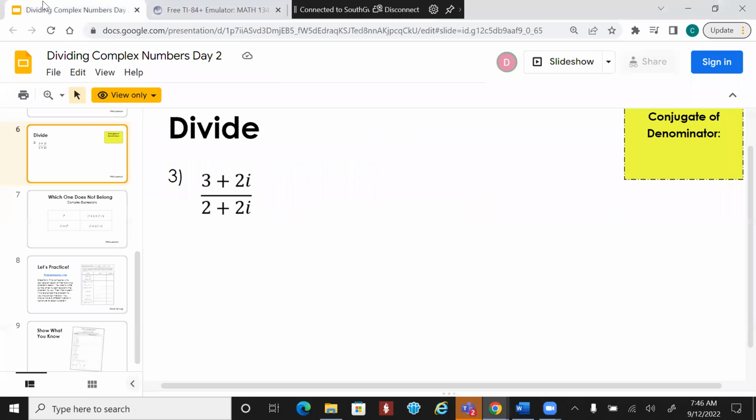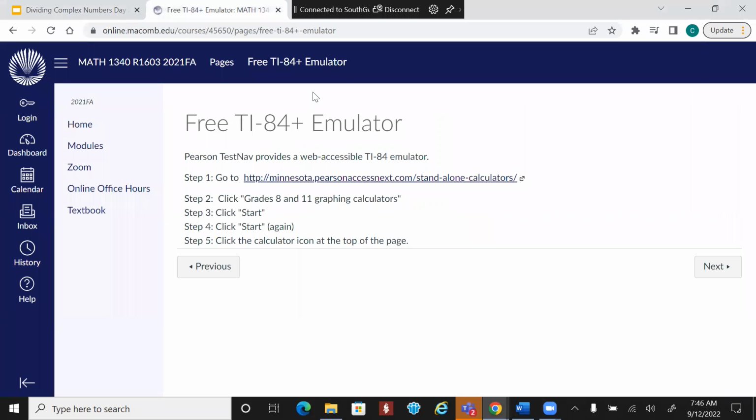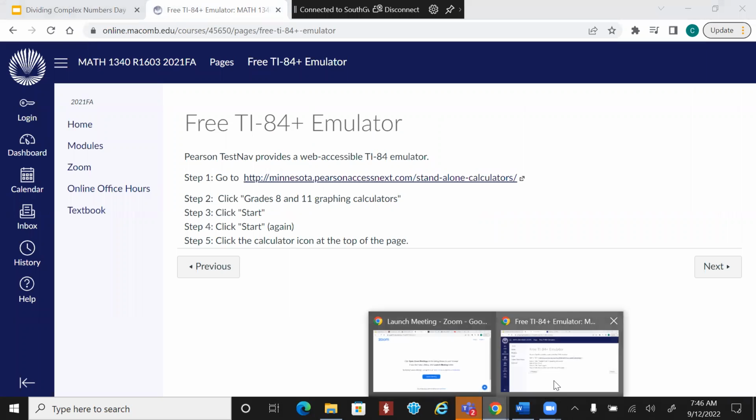Okay, so for instance, right here we have 3 plus 2i over 2 plus 2i, right?